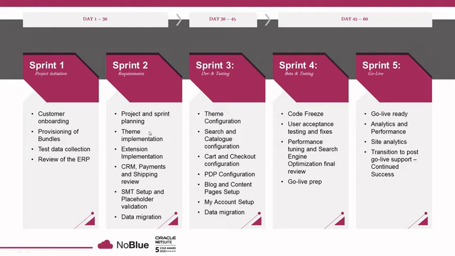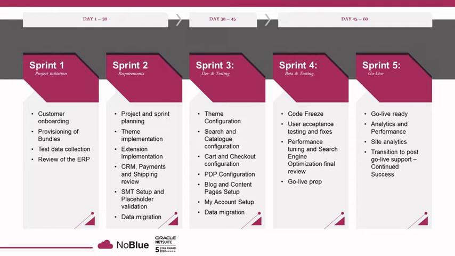But this methodology can be adapted to the specific requirements of each project. So to start with, we have the project initialization: the customer onboarding, the provisioning of bundles, and the test data in the ERP. Then we move into the personalization sessions.